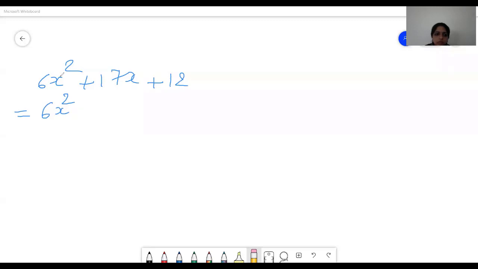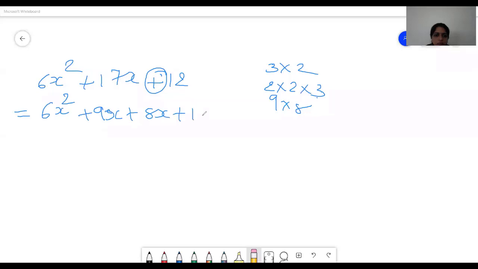So, the factor of 6 is 3 into 2. Factor of 12 is 2 into 2 into 3. So, if here we want 17 with the help of addition, 3 3s are 9 and 2 4s are 8. So, I just want 9x plus 8x plus 12.